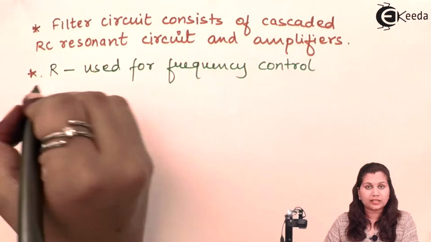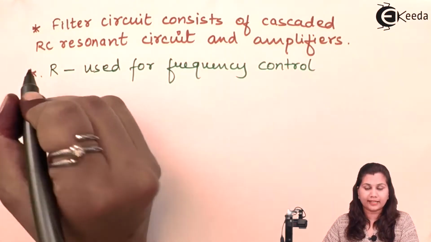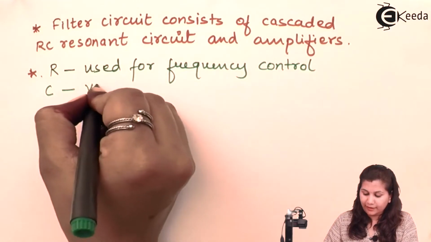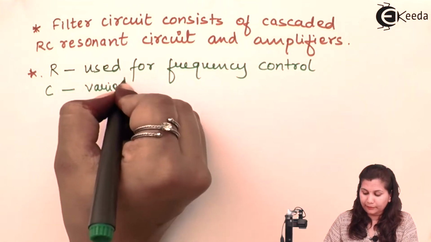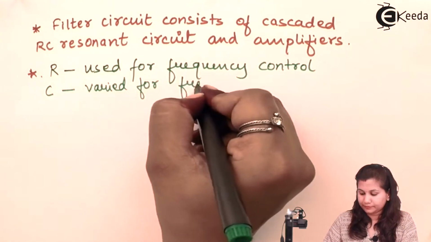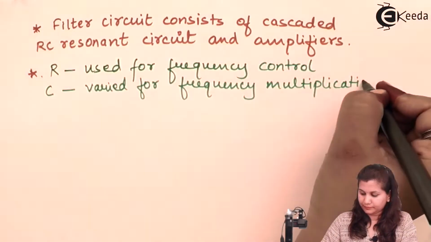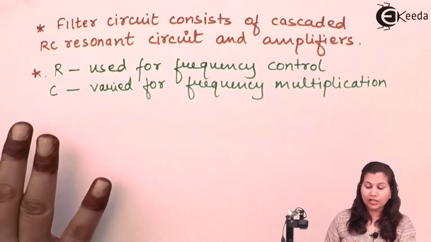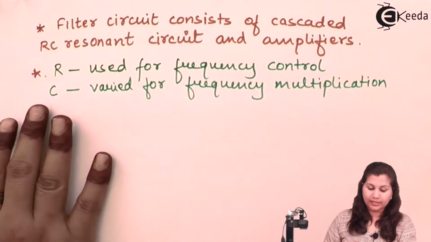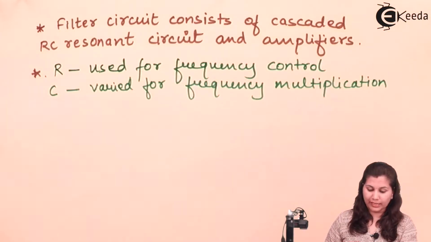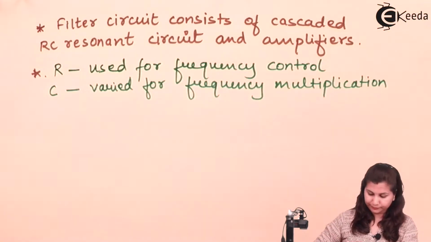So for frequency control the resistances are varied, and the capacitances are varied for frequency multiplication. Now the capacitors used in this filter circuit are polystyrene type capacitors.